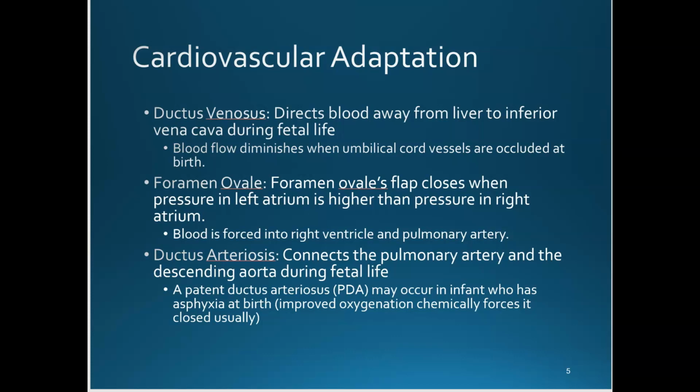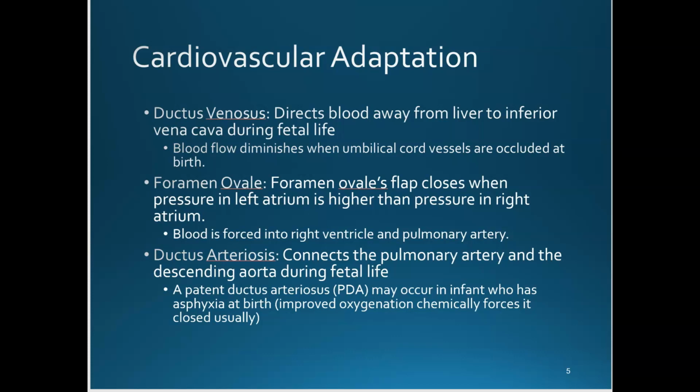Initially, when this opening is still open, blood flow to the liver is very passive. It's just blood flow to support liver cell life, not functionality. So when we have this decreased flow from the umbilical cord vessels being cut, this ductus venosus begins to close.